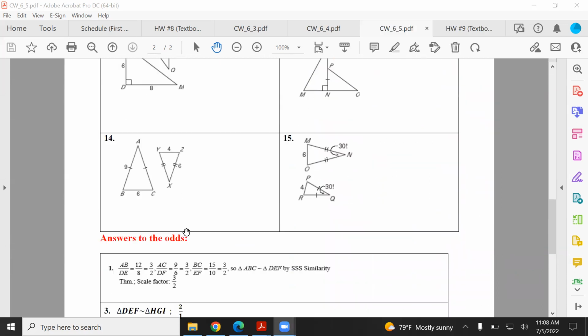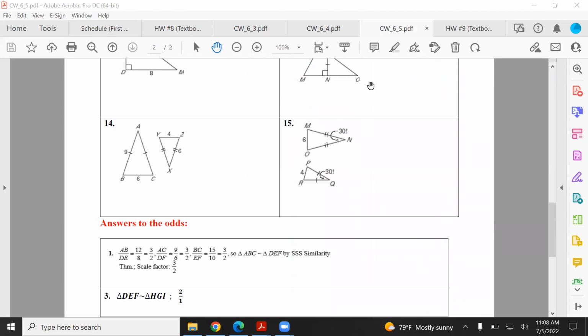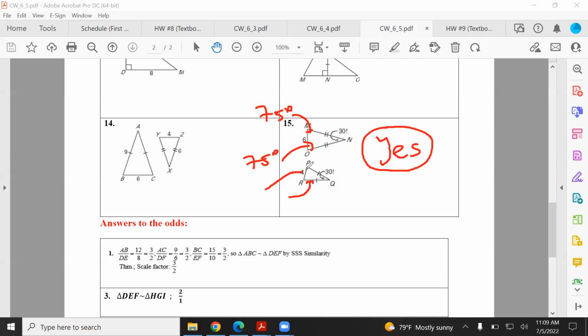And last up, number 15. It looks like, I don't know why there's an exclamation point, it should be a degree symbol, but whatever. Yeah, I'd say yes. If these are each 30, and each of these are 75, 75, and likewise here, because you have isosceles triangles again.